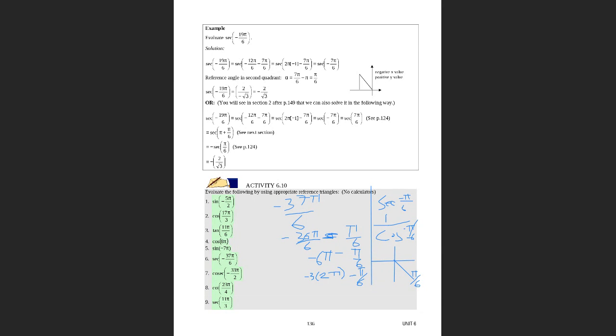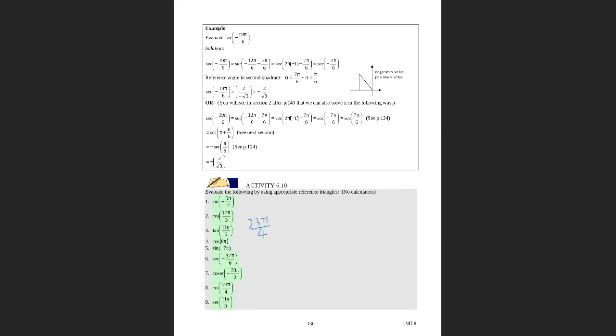Then our next one we have 23 pi over 4. Now we need to write it in a form where, as I say, we must have a 2 pi somewhere and a special angle somewhere.